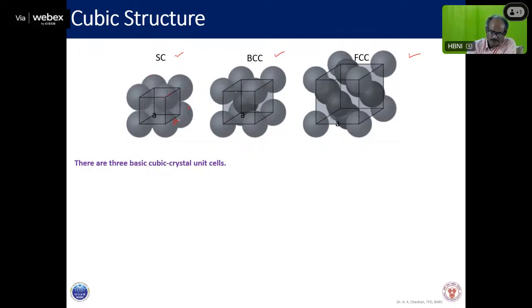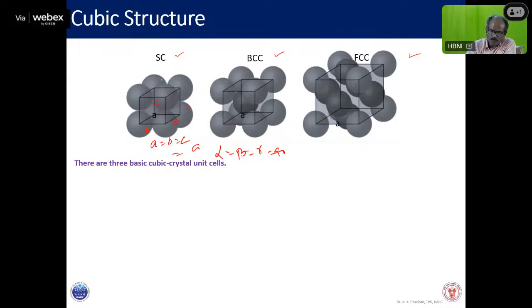So in this, a, b, and c are equal, so we can say a = b = c, and this is equal to a, suppose. So we have lattice parameters a = b = c, and the angle between these axes is also 90 degrees. So alpha = beta = gamma = 90. So this is for simple cubic, and in fact all cubic.